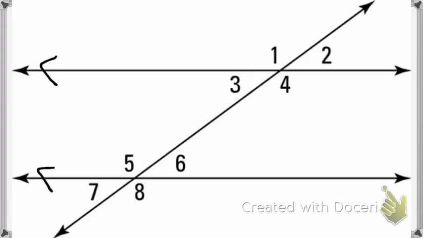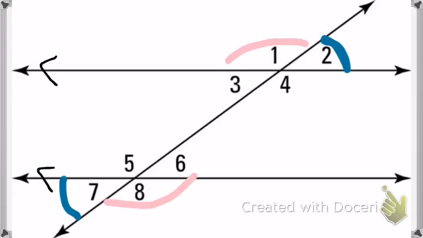Now we're going to take a look at what are called alternate exterior angles. We already did alternate interior angles. Our alternate exterior angles are just the angles that are kind of opposite of each other. So 2 and 7 are alternate exterior angles, and then 1 and 8.